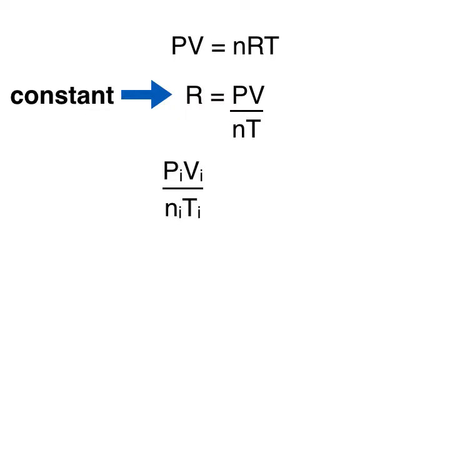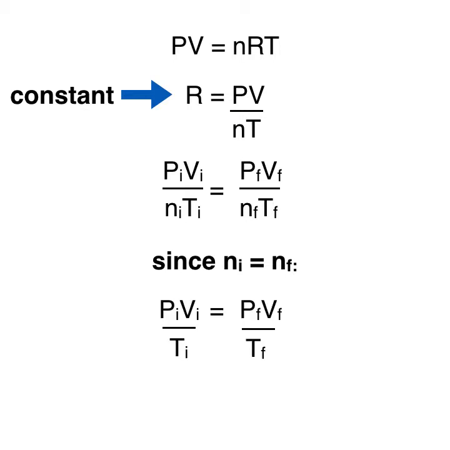Thus, our initial PV over nT must be equal to our final PV over nT. In this case, since it is the same sample of gas in the initial and final calculations, we know that the number of moles of gas must also be constant. Thus, we can remove that variable from both sides.